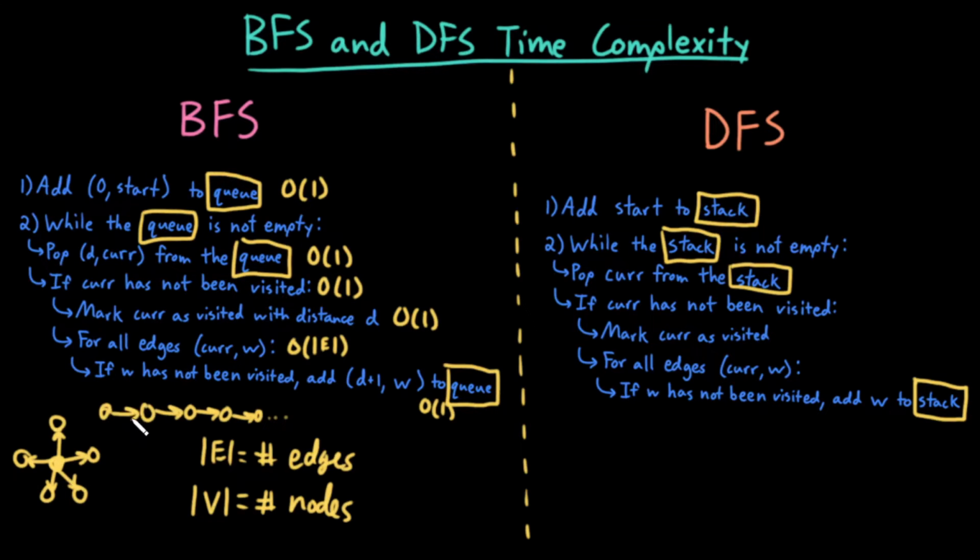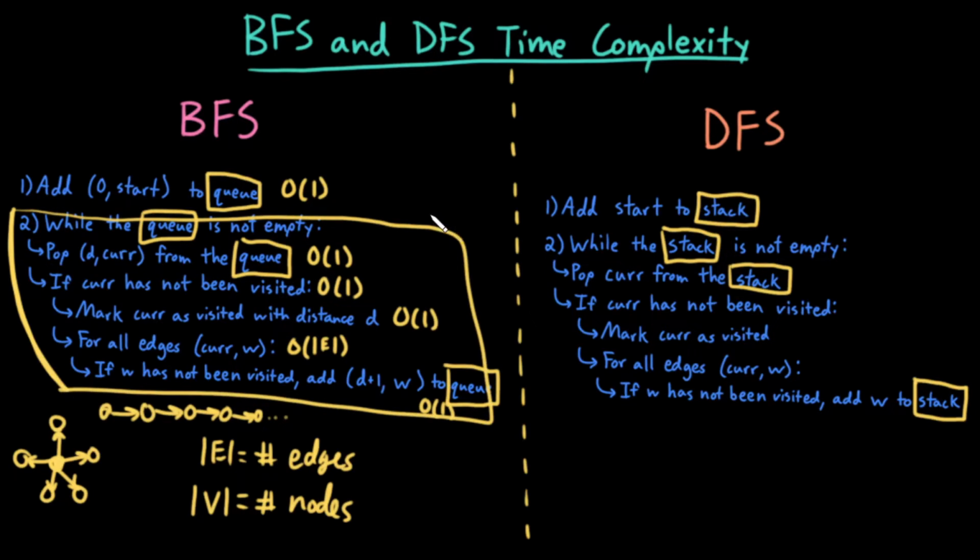So I only operate on every single edge exactly once. So in reality, this entire while loop, including all of its contents, is just big O of E. I might have to do some constant time operation for each of my big O of E elements.